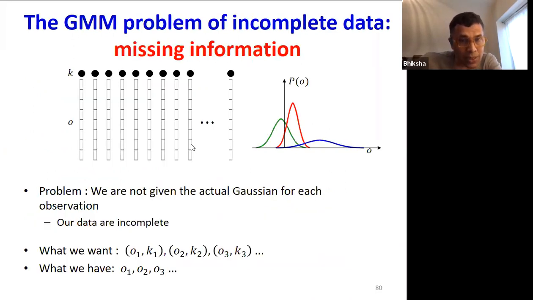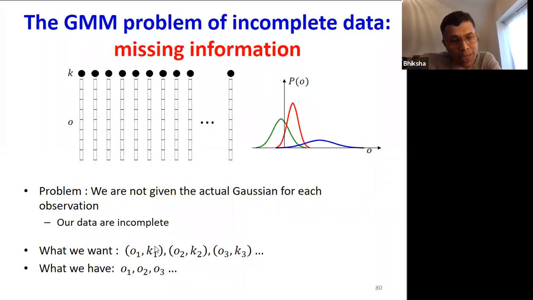In the case of the Gaussian mixtures, again, for each vector, the color of the Gaussian that the vector came from was missing. For each vector, we want the combination of the observed data and the color of the Gaussian.